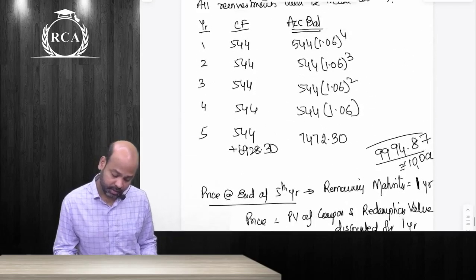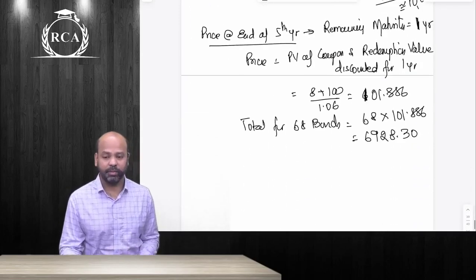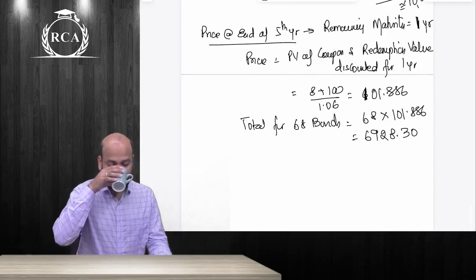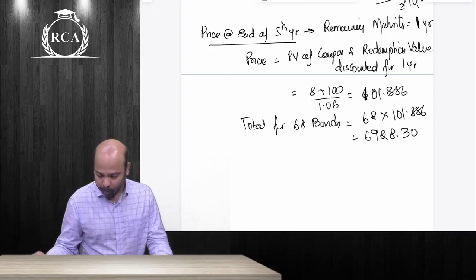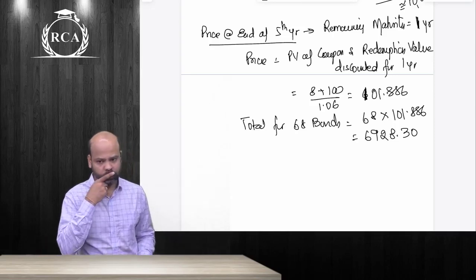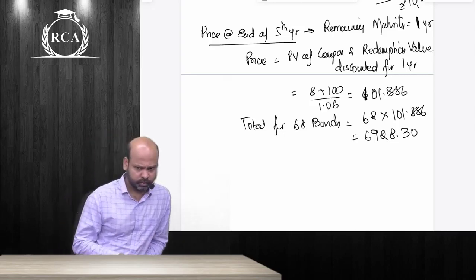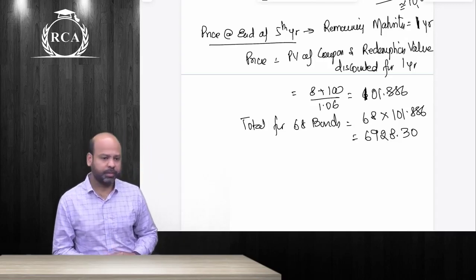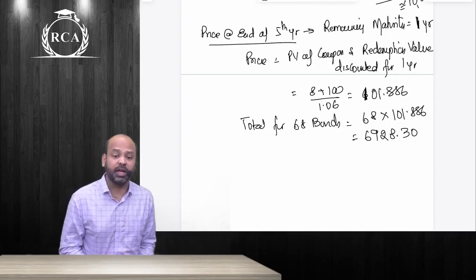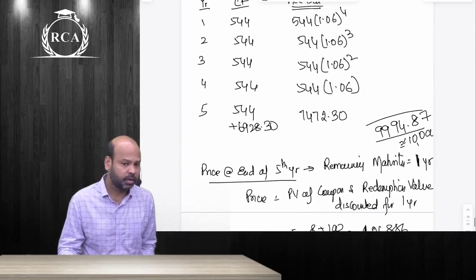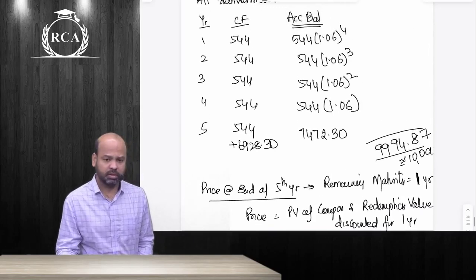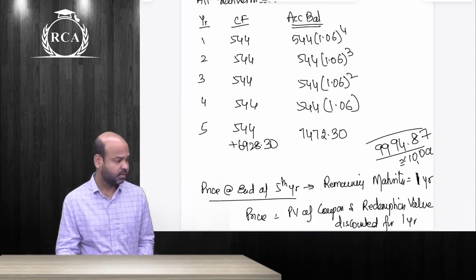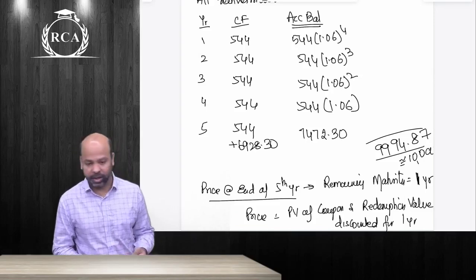Now the third case, beta, that is if prevailing interest rate increases to 10%. If you're all done with this, beta, next case, start the calculation. If prevailing interest rate increases to 10%. Your cash flows every year will still remain at 544 rupees, guys.